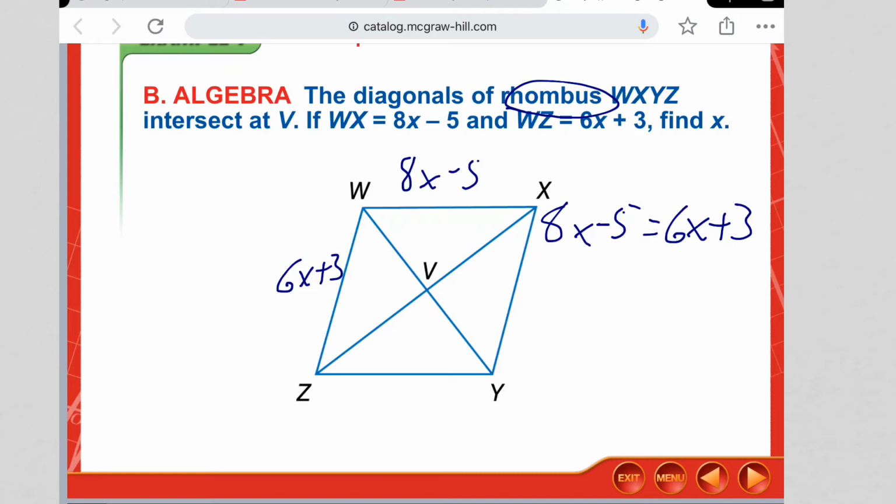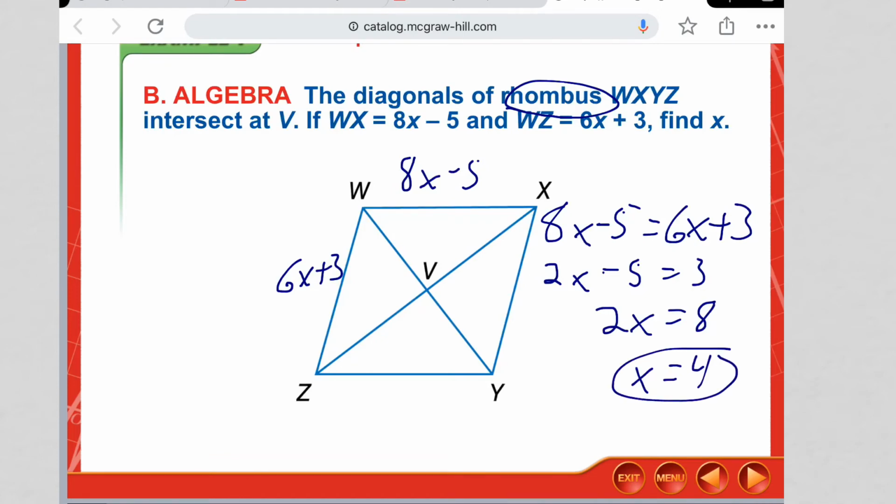Remember, variables first, so I want to subtract the 6x from both sides, which would then make this a 2x minus 5 equals 3. Then I want to add the 5 to both sides, which would make it a 2x equals 8. Then divide by the 2, which would give me x equals 4. So my x in this problem would be 4.